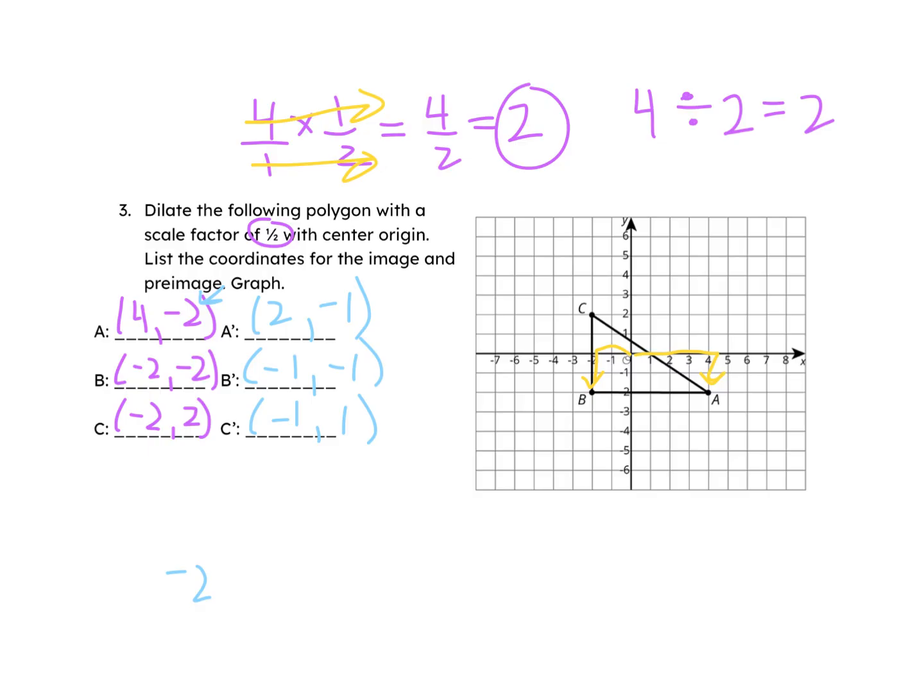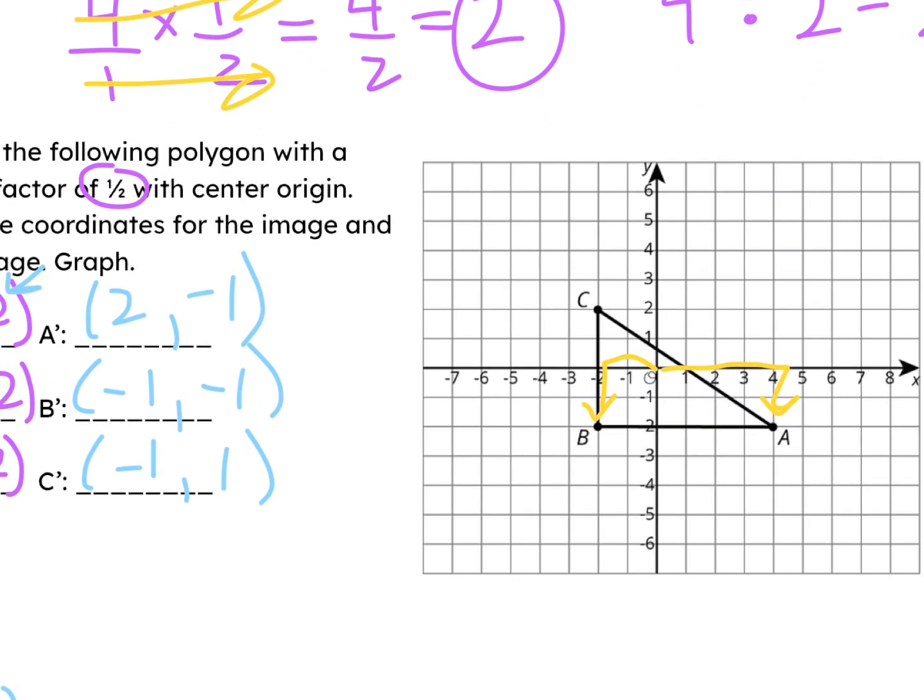Okay, so I'm going to go forward 2, up 1, and that is going to be, oops, sorry, that's wrong. Forward 2 and down 1, that's going to be A prime. And then I'm going to go back 1, that's going to be B prime. And -1, +1, and that's going to be C prime. And then I'm going to connect it, and we should have a similar figure, the same shape, just a smaller size. It's going to be half the size.